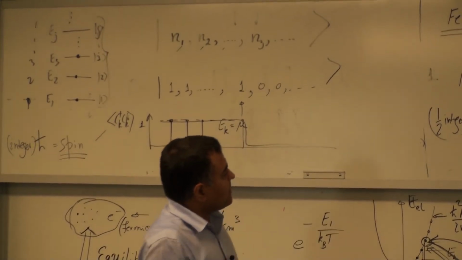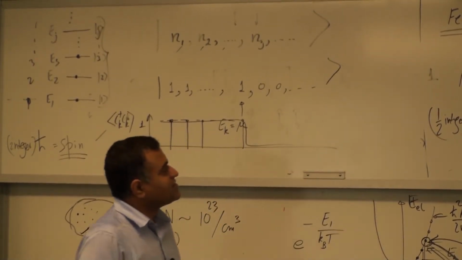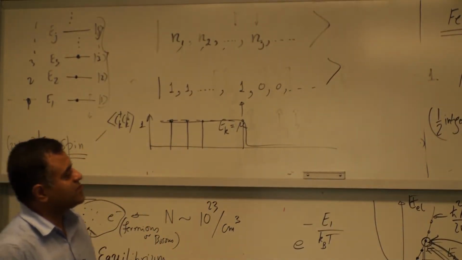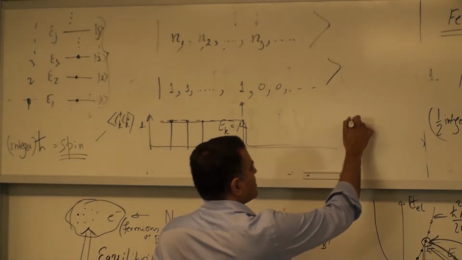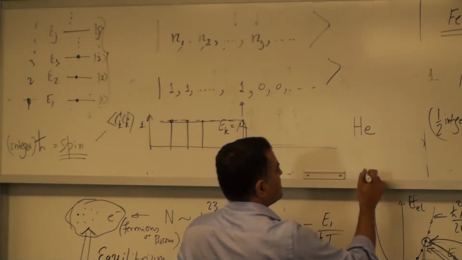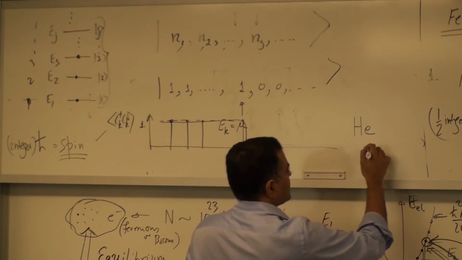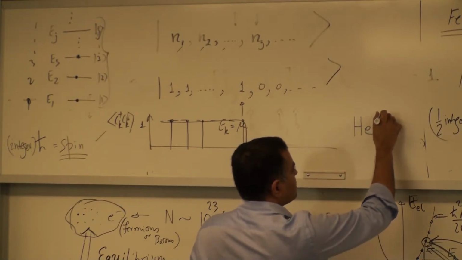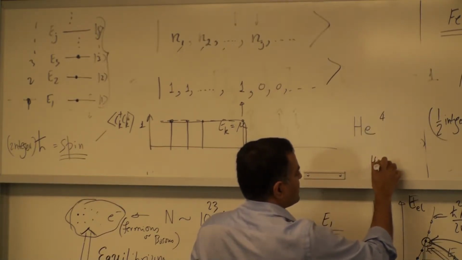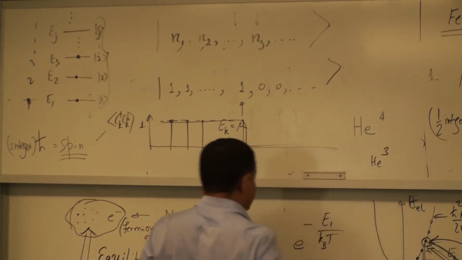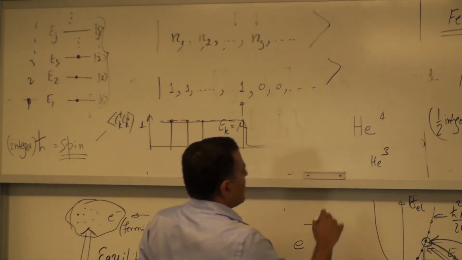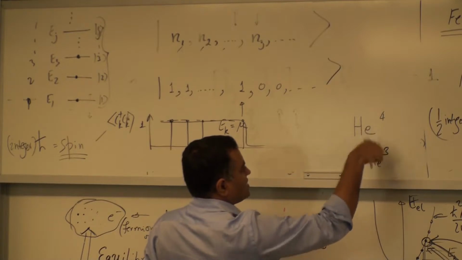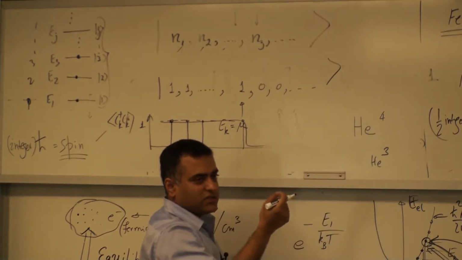I think probably the most striking example of the difference of fermions and bosons is helium atoms, and you have two isotopes of helium, helium-4 and helium-3. This is a very good example because helium-4 has one extra neutron in the nucleus.